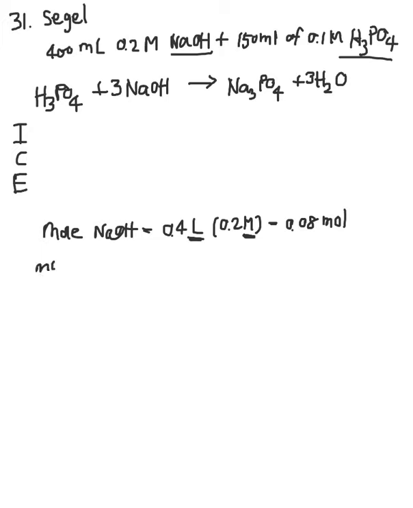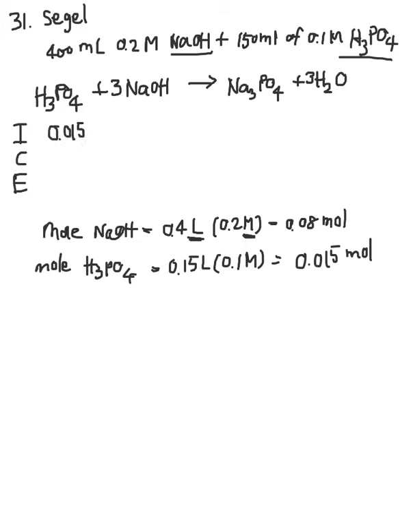And moles for H3PO4 equal 0.15 liters times 0.1 molar, and this is 0.015 moles. So now you can put the moles in the table. H3PO4 is starting with 0.015, and sodium hydroxide is starting with 0.08.